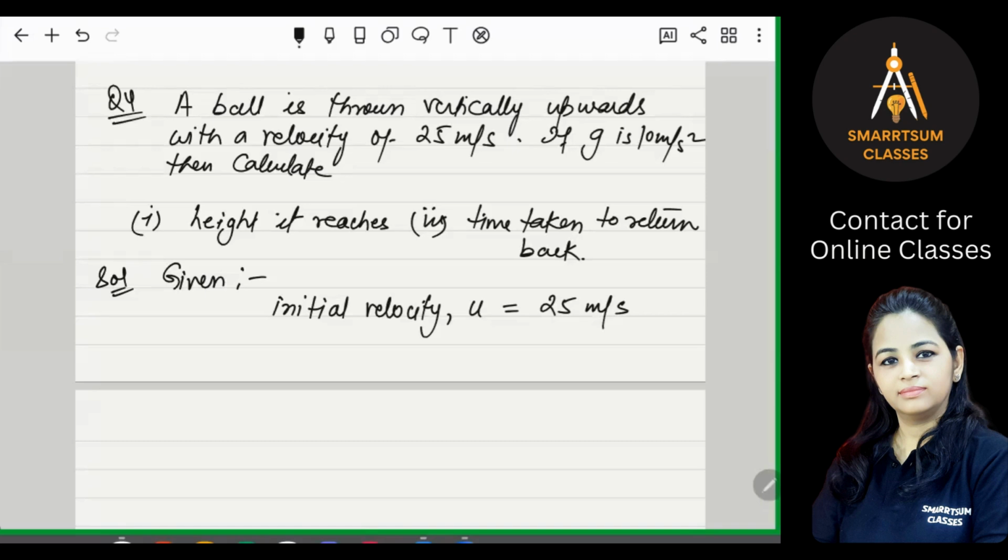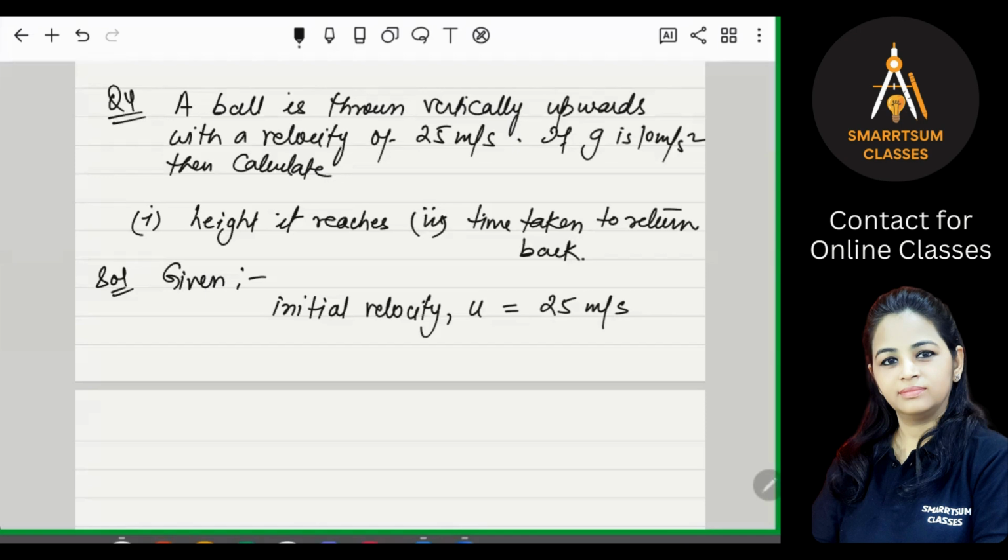Because this motion is against gravity, we have to give some speed, then only it will go in the upward direction. So u is 25 meter per second.